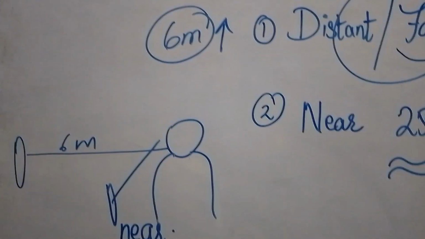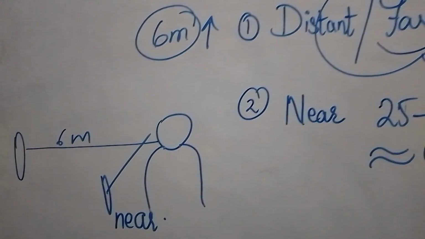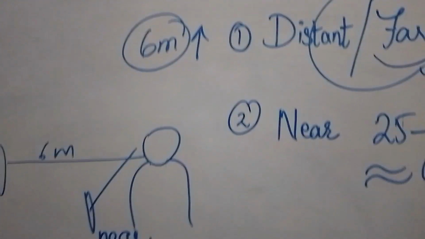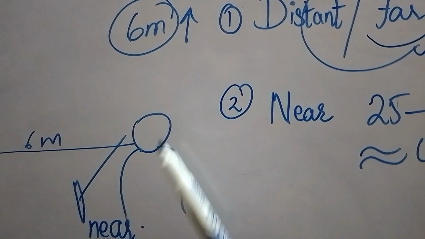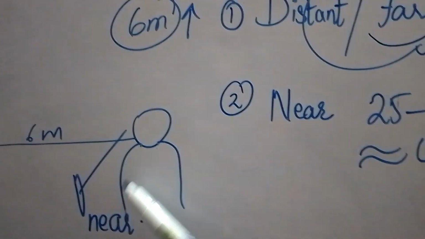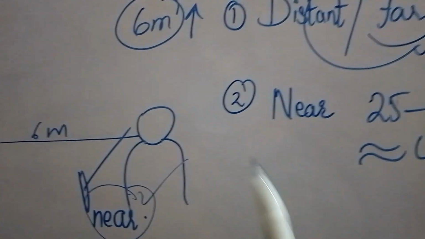While if you are viewing something at a distance of 6 meters or more, that is the distant object, and the power you give the patient for 6 meters or more is the distance power. However, the power you give a person to view the near object is the near power.